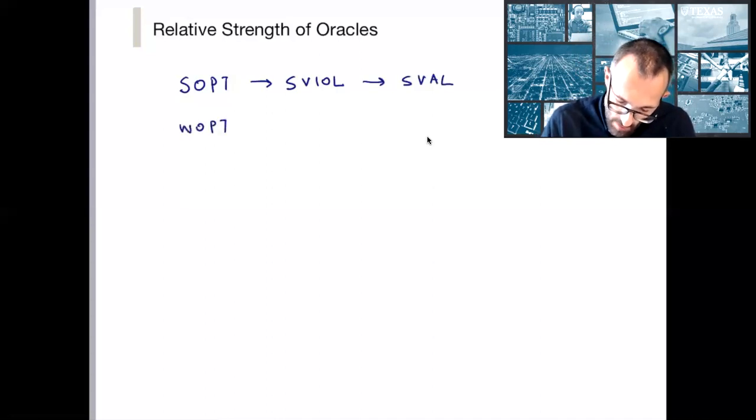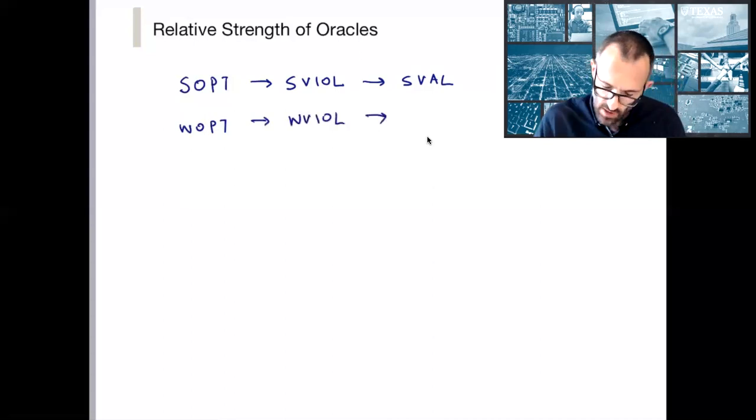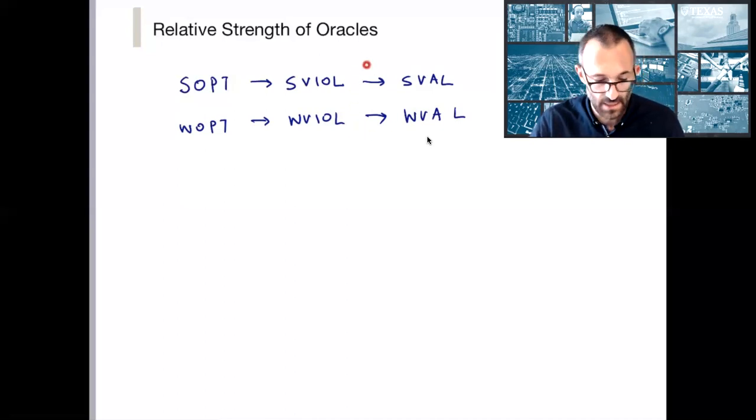Weak optimization gives us weak violation, which gives us weak validity. With a bit of thought, and again, I mentioned that the second implications here are basically immediate.